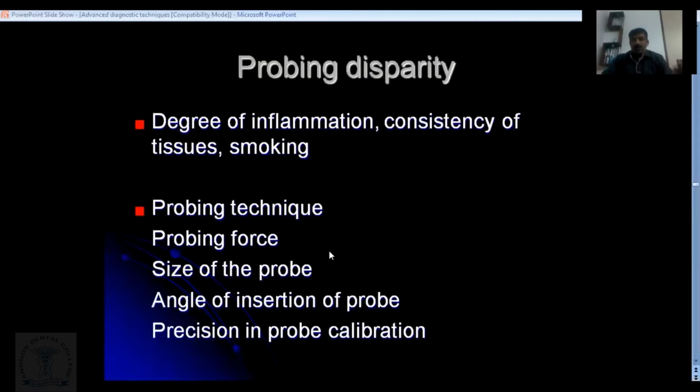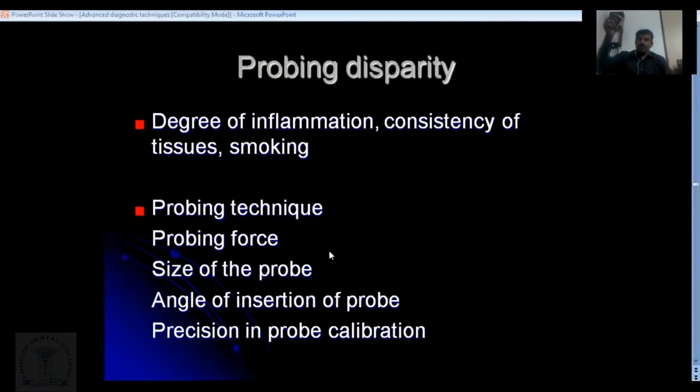In relation to the mid-buccal area, probably it will be 3 millimeter. When you measure in the distal aspect, it may be 4 millimeter. So in relation to a single tooth itself, there are different pocket depths. That is why you have to do something called walking the probe.